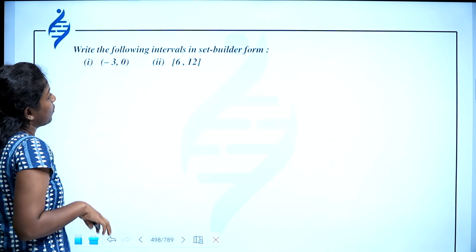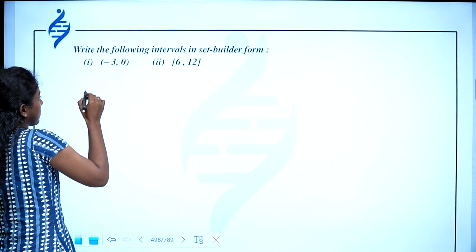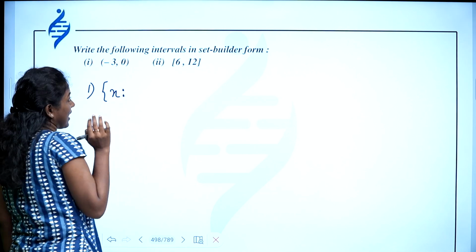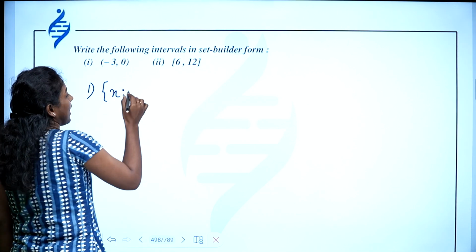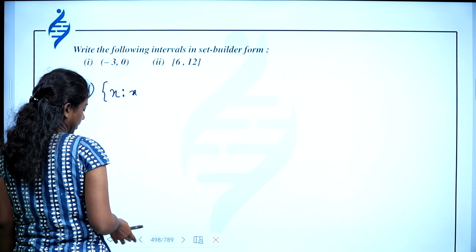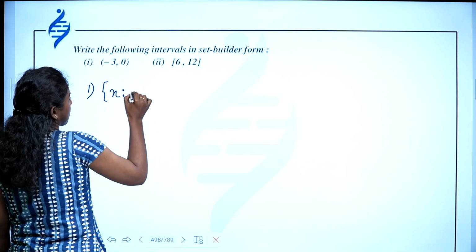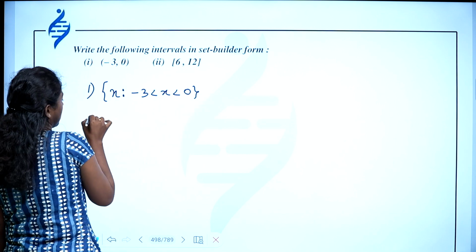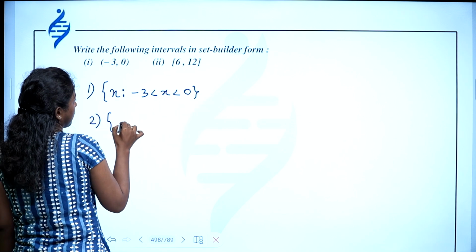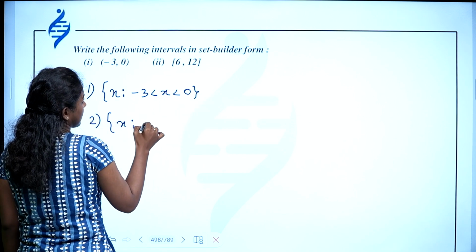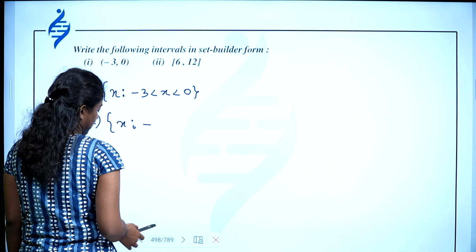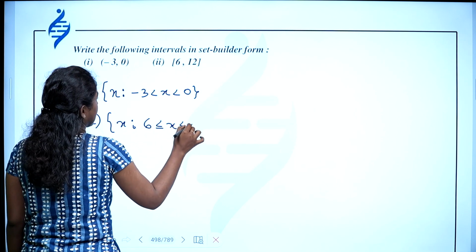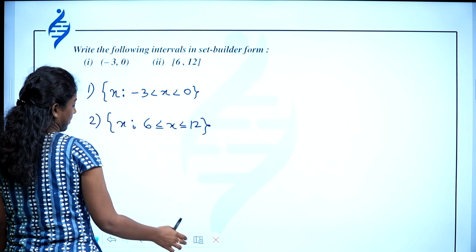Then write the following intervals in set builder form. So for writing it in the set builder form, you have to write set of all x such that x belongs to, or you can write minus 3 less than x less than 0. Second one is set of all x such that 6 less than or equal to x less than or equal to 12.